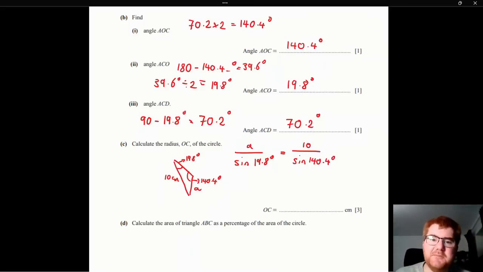Again, we want to make A the subject here. So what's the opposite of dividing by sine 19.8? Times by sine 19.8. That gives us 10 sine 19.8 degrees divided by sine 140.4 degrees.